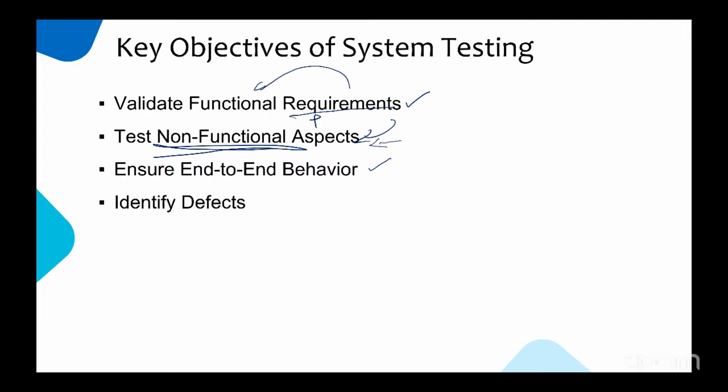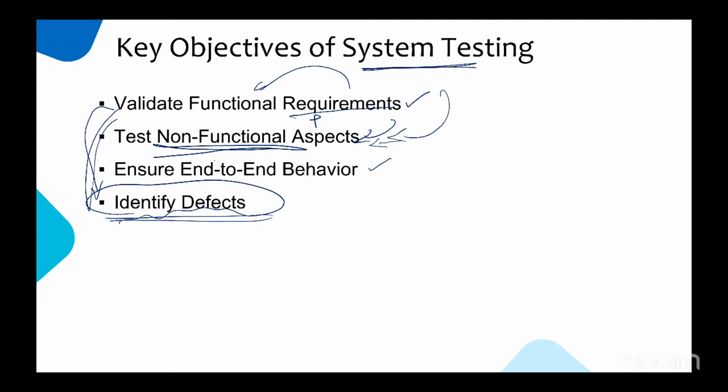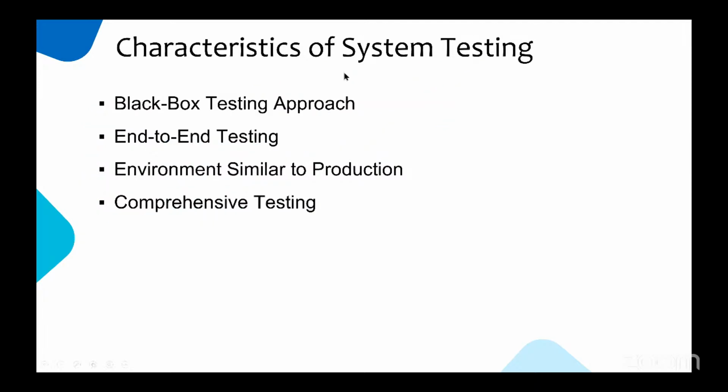Of course, when you do testing, the main objective is finding defects. Identifying defects will be in all the stages or all the types of testing by default. Testing according to the requirement and finding the defects is also by default. In addition to that, in system testing, we also consider non-functional testing. Okay, so it has its own characteristics.